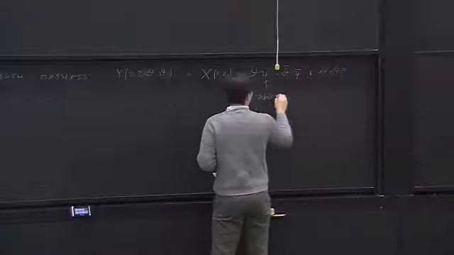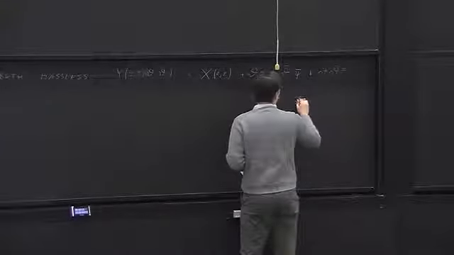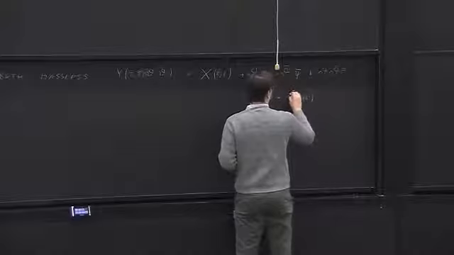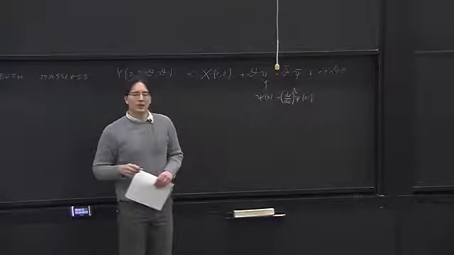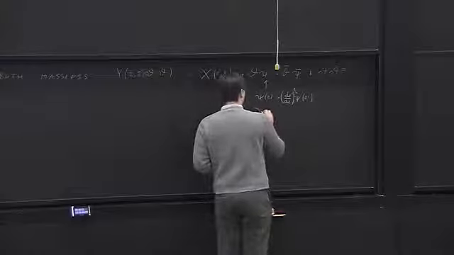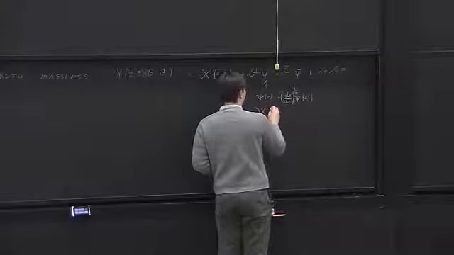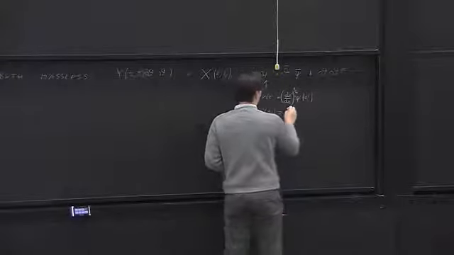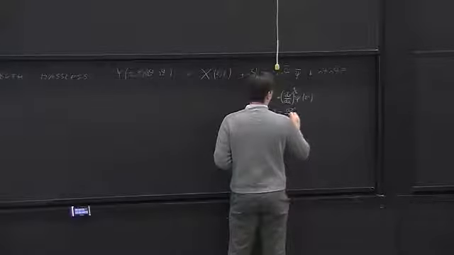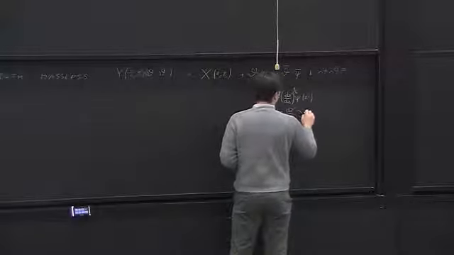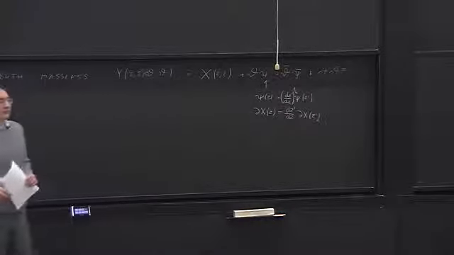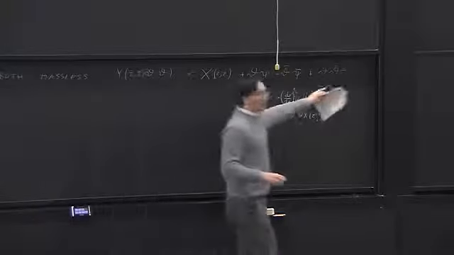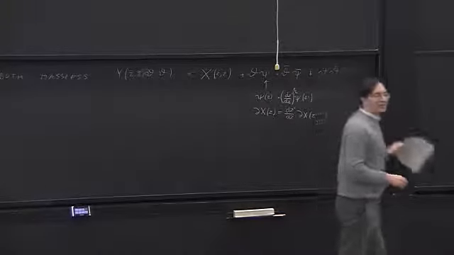So psi transforms like that, which is kind of like the square root of how the current transforms. Then there is a final guy, which actually drops out.